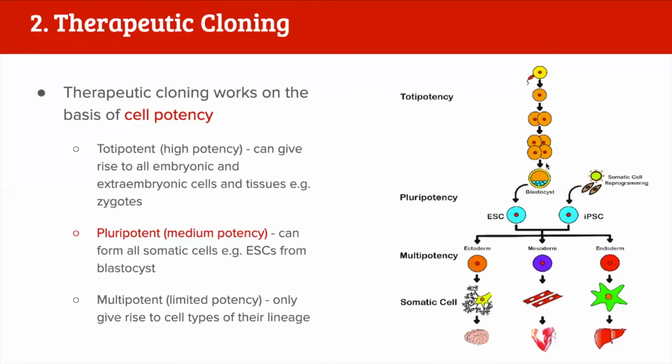So we don't need to go back to the totipotent stage if we just need the pluripotent level. And then finally, there's multipotent, which is limited potency, and they can only give rise to cell types of their lineage. So less important, just remember our pluripotent cells, which is your blastocyst, which contains embryonic stem cells that can give rise to all these cells down here.